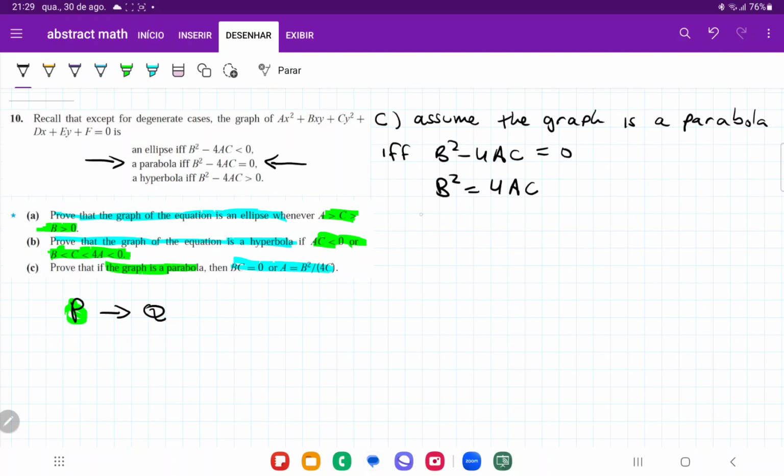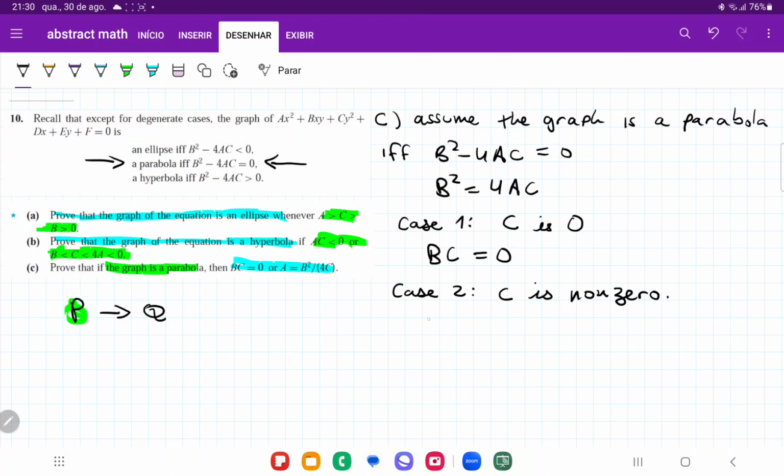So let's consider case 1, where c is 0. Well, if c is 0, then bc is equal to 0, right? That's not very complicated, so we have shown the first part. And what about case 2, where c is non-zero?